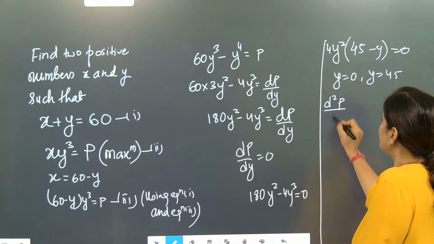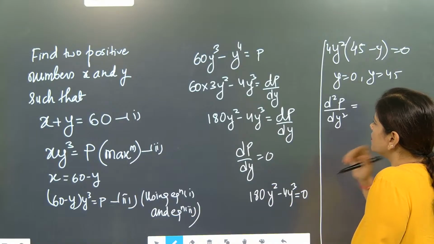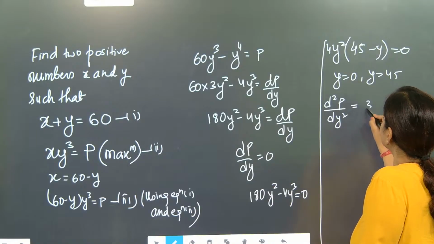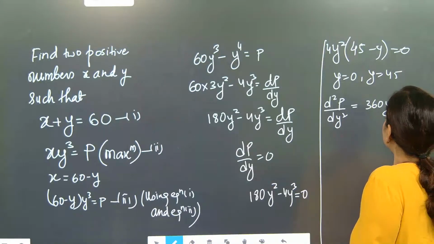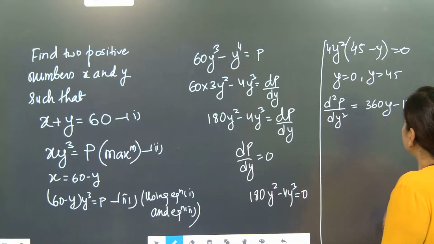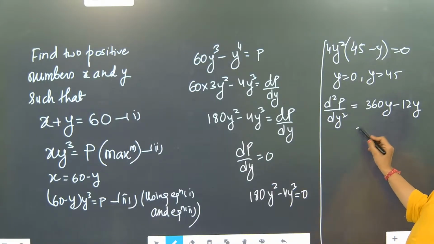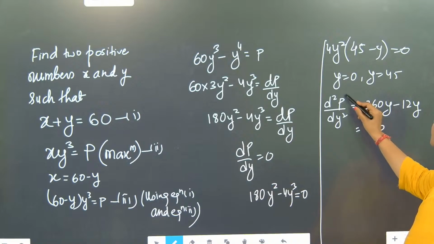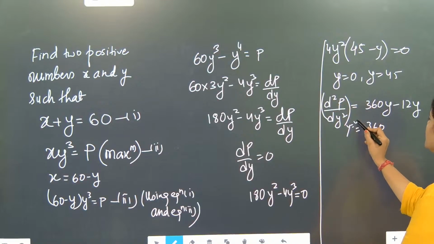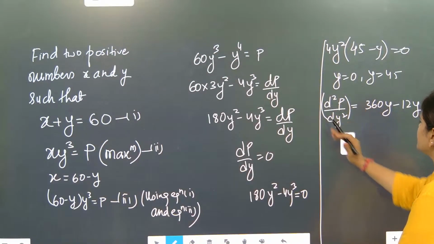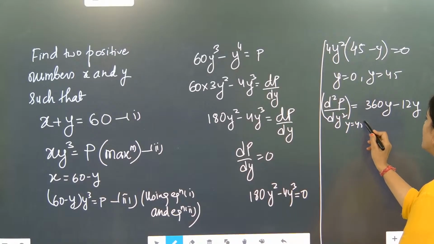So d2p by dy square is equal to 360y minus 4 3s are 12y square. Understood? Now we have to substitute y is equal to 45 here.